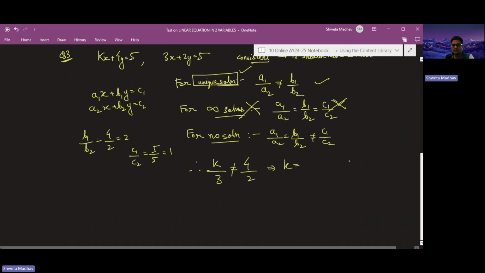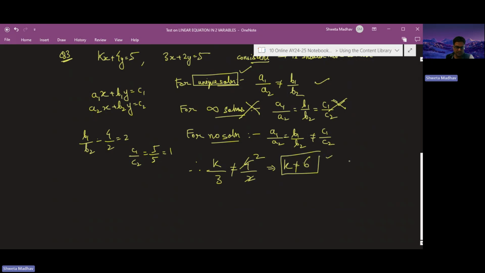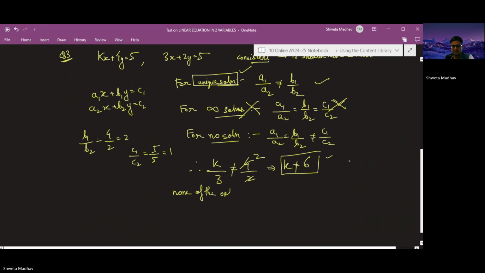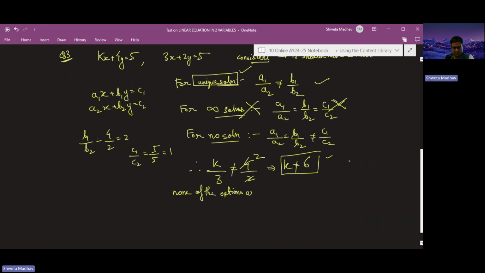That means that k should not be equal to 6. So k should not be equal to 6. So here none of the options are correct.